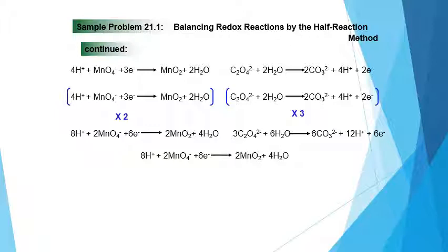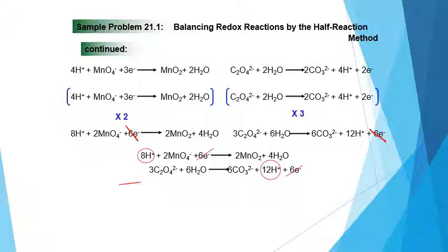The 6 electrons on the product and reactant side cancel. So we have 8H plus, 2MnO4 minus, plus 6 electrons going to 2MnO2. We have to get the total, then take note that we have 8H plus and 12H plus here, so we just get the difference.